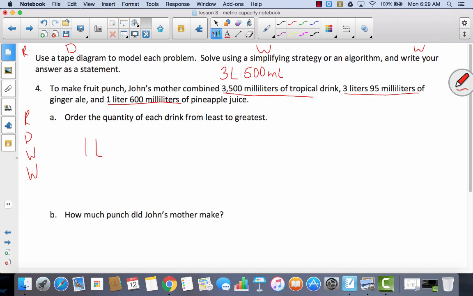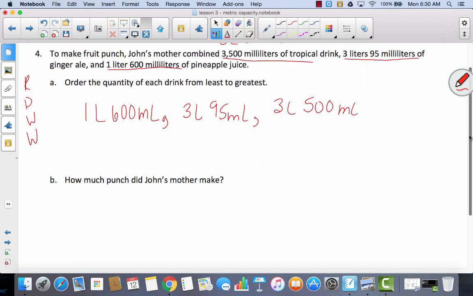Well, 1 liter, 600 milliliters would be the smallest. Now I'm comparing 3 liters, which is the same, so I've got 500 milliliters and 95 milliliters. Well, since 95 is less than 500, 3 liters, 95 milliliters would come next, and then 3 liters, 500 milliliters would be last.